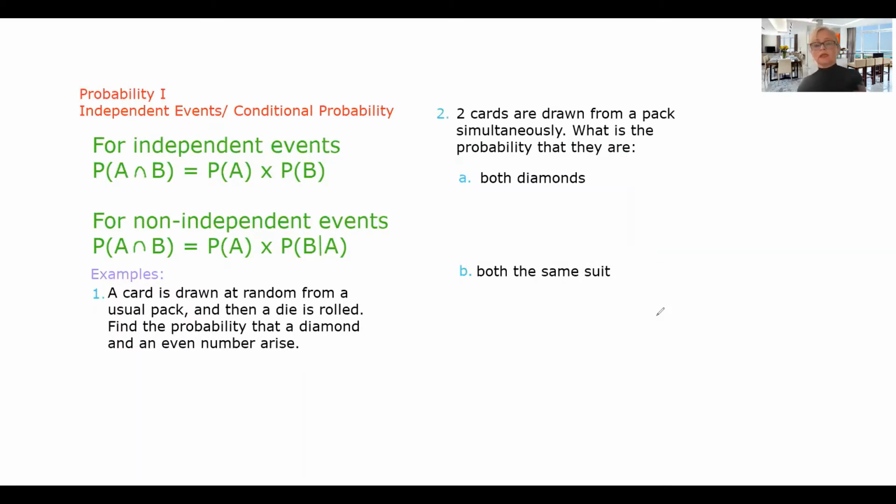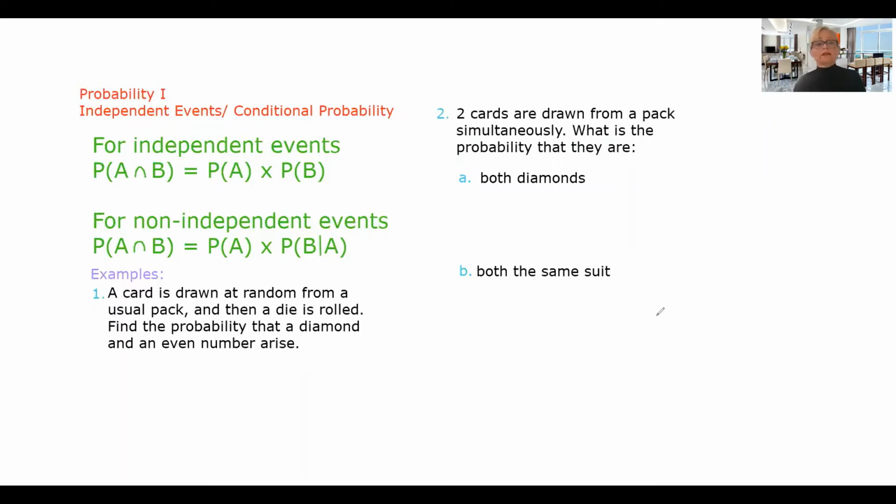All right, so if you're doing completely different things, they're going to be independent. Or if you're doing the same thing where it has no bearing on the next time, that will also be independent. Things like drawing balls from a bag and then replacing them before drawing the next one will be independent.